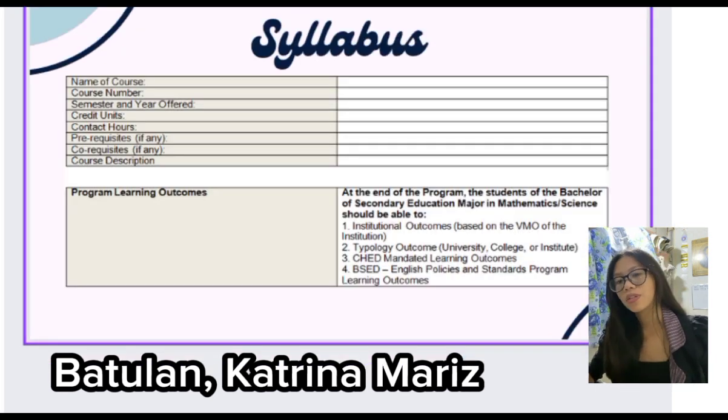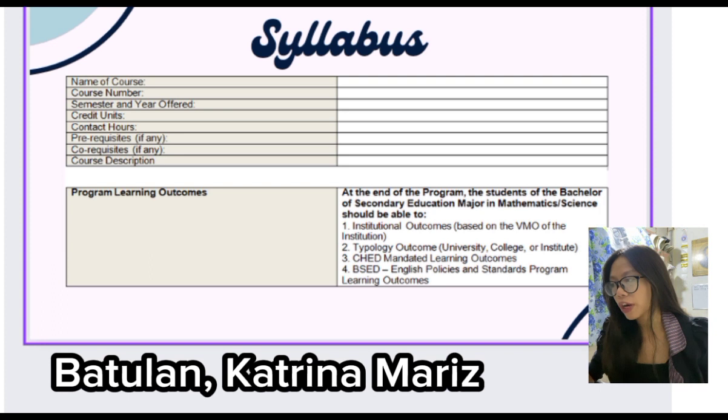Under the syllabus, we have the name of the course, number, semester and year offered, credit minutes, contact hours, prerequisites (optional), co-requisites (optional as well), and the course description. It also includes the program learning outcomes.